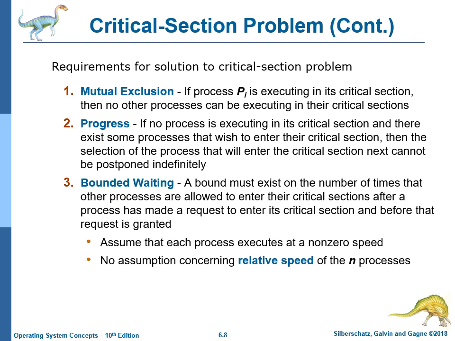Dan yang ketiga ialah bounded waiting. So bounded waiting is the bound that must exist on the number of times that the other processes are allowed to enter their critical section after a process has made a request to enter its critical section and before that request is granted. So the bounded waiting ni must exist, bound ataupun limit.